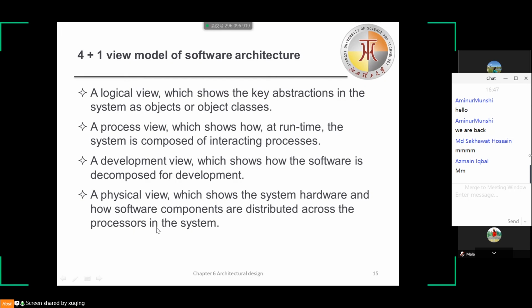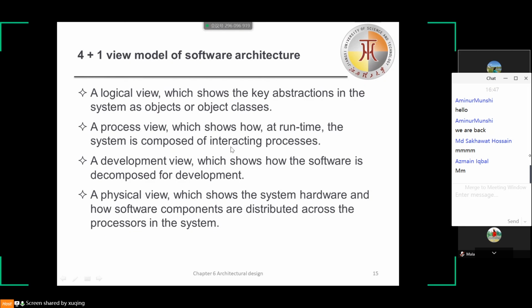You see, a physical view is the distribution of hardware and software components. These 4 views are quite different. A logical view is for the key abstractions in the system as objects and object classes.